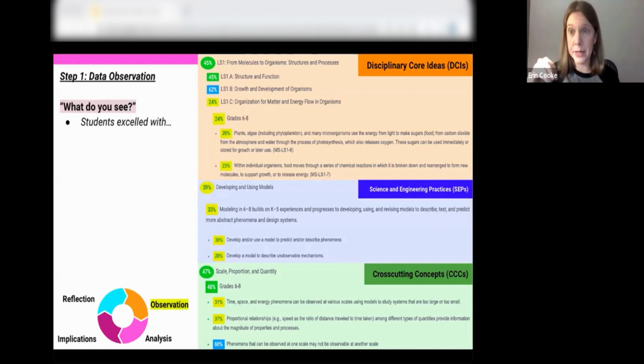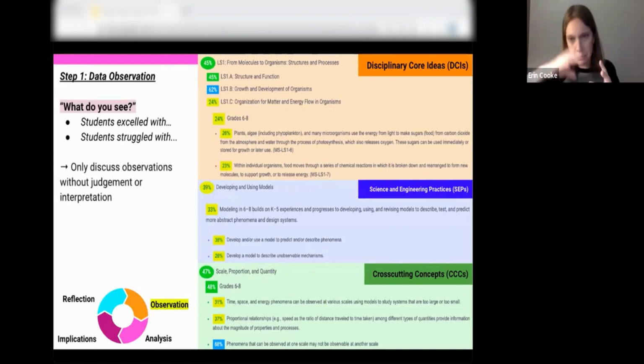Because we're observing, but sometimes when there's lots of data like this, really being able to think through where students excelled or struggled with specific pieces, and pulling those to the surface, is helpful to take us to our analysis next steps.